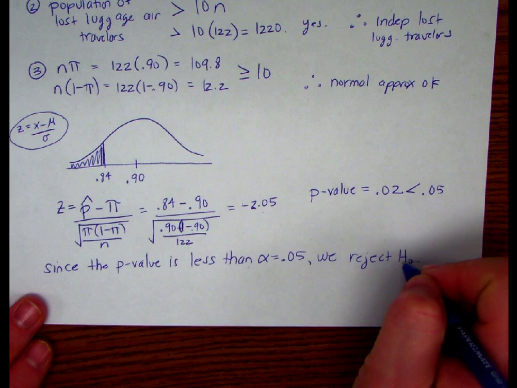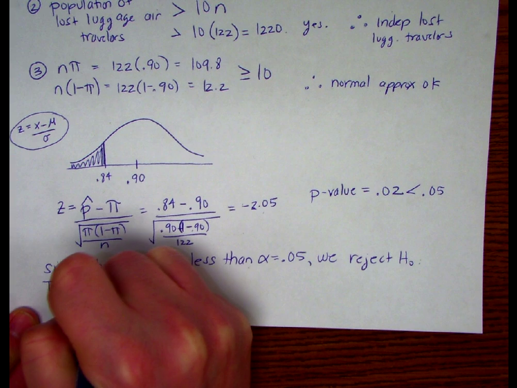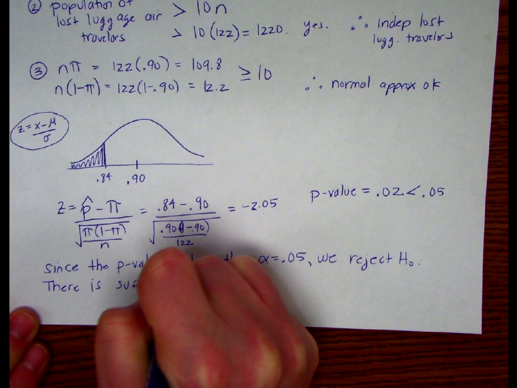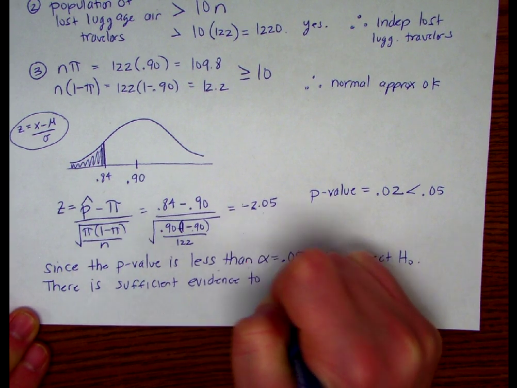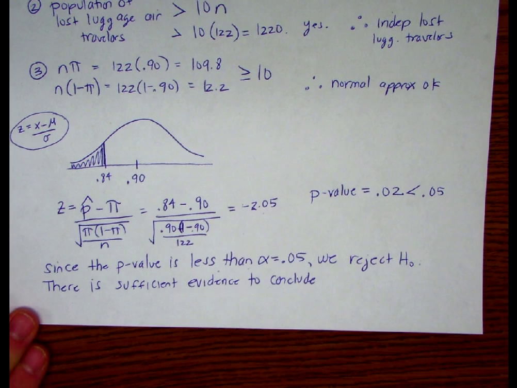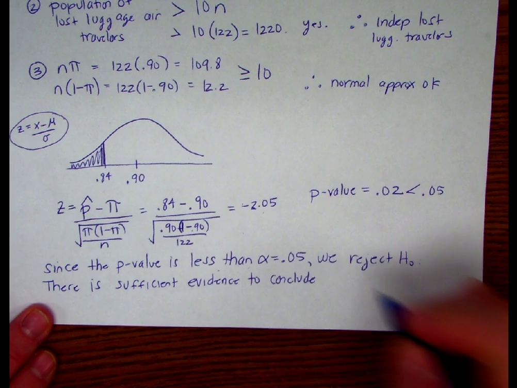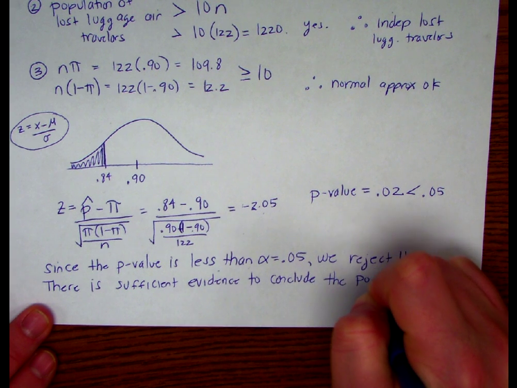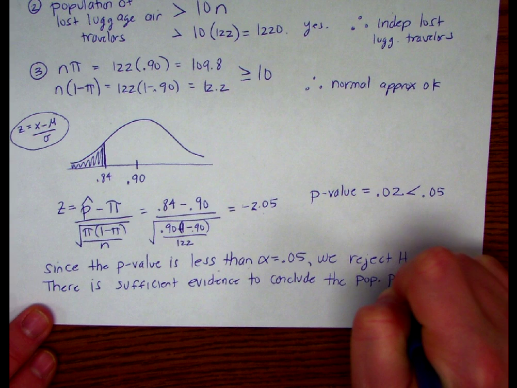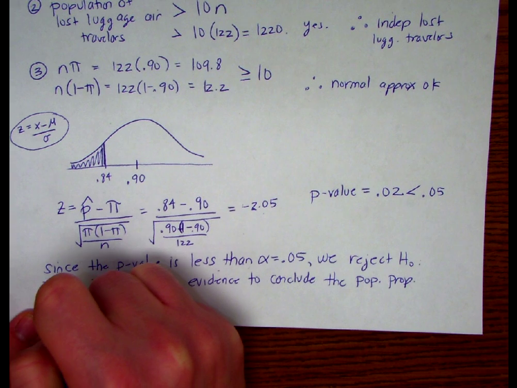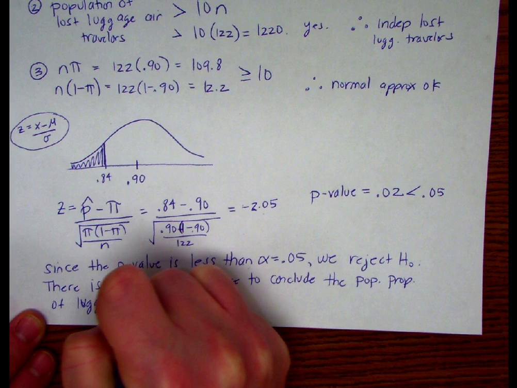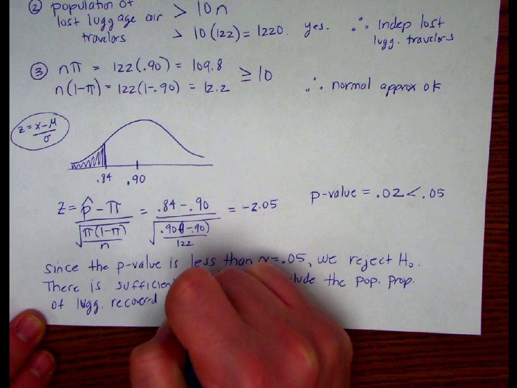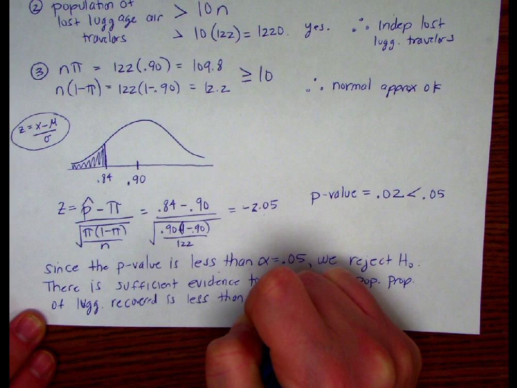If we reject H0, there is sufficient evidence to conclude, and basically, I'm either going to look back at the last sentence, there's doubt on the airline's claim, or I would just say the alternative hypothesis in words, which would be the population proportion of luggage recovered is less than 90%.